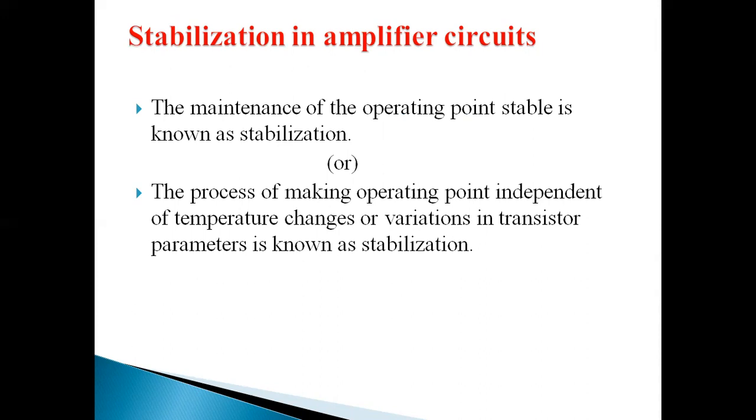The output signal shape is going to alter. It does not exactly resemble the input signal. That is distortion. So in order to get faithful amplification, the operating point must remain stable where it is fixed. This is necessary to make the operating point independent of these variations.